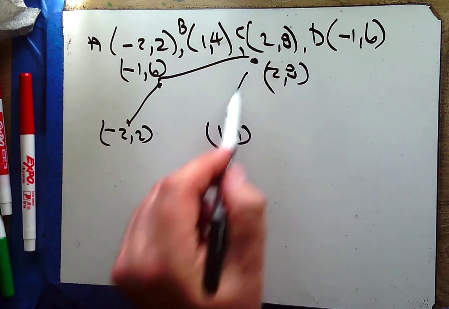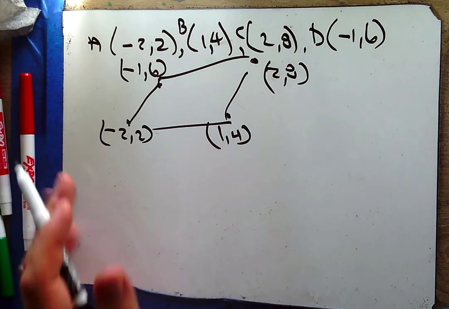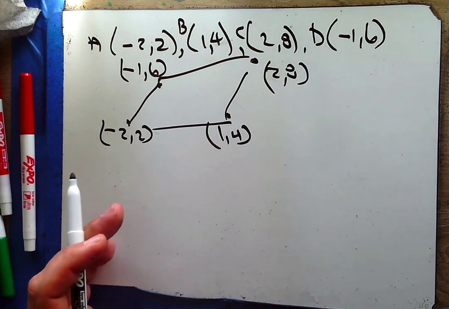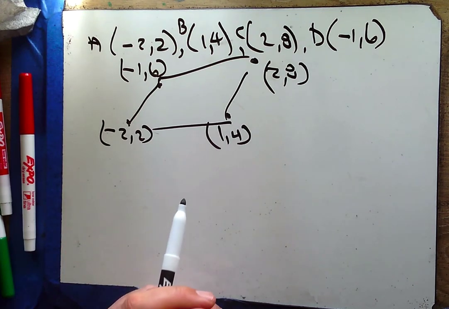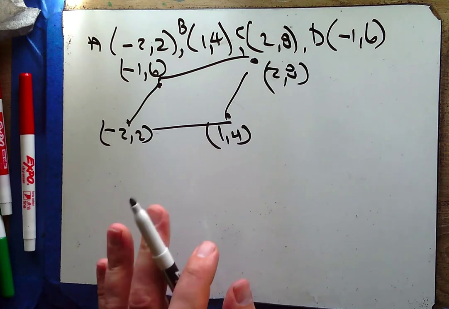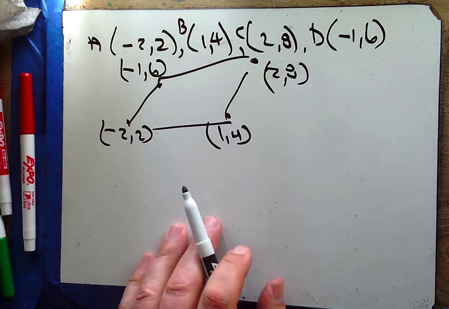So, remember, the first question is this a parallelogram? And then the second question is, if it is a parallelogram, is it a special type of parallelogram, like a rhombus, a rectangle, or a square? So will you please pause the video and do the work necessary to determine whether this is a parallelogram or not.